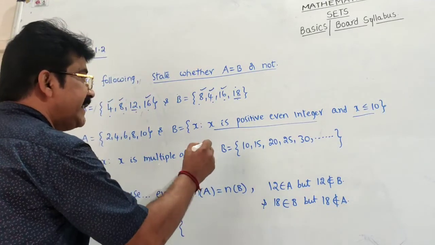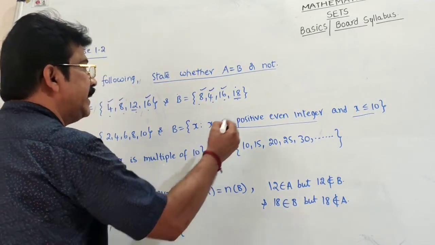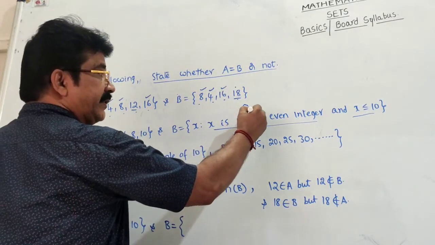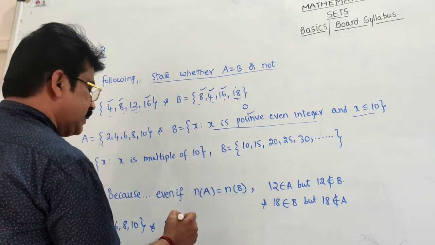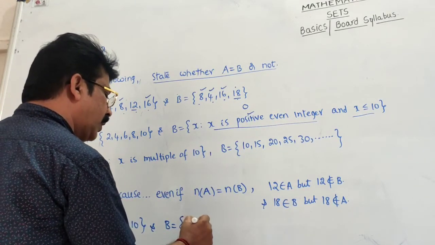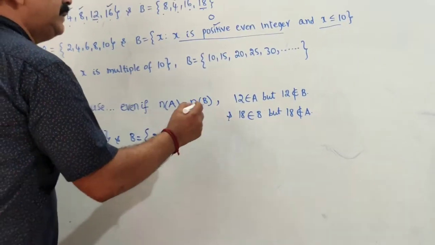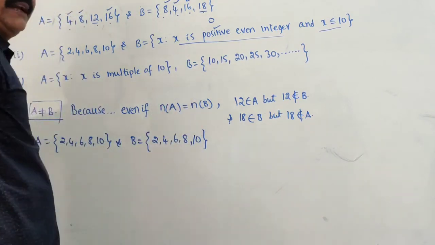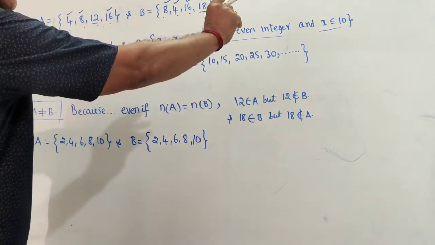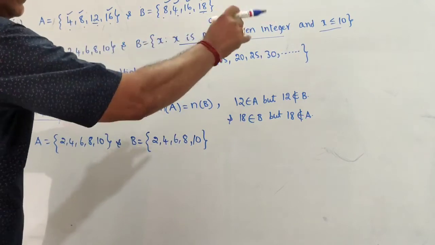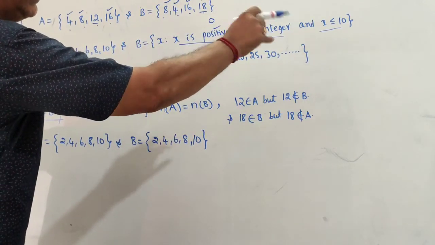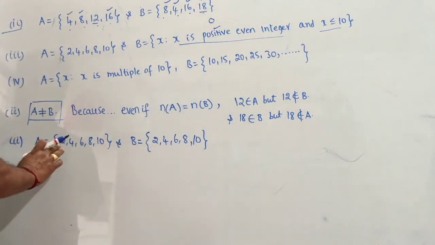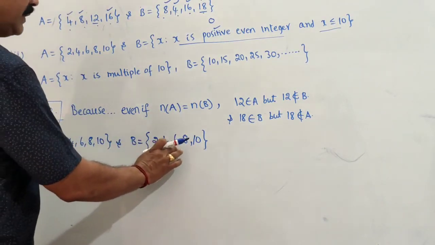Positive even integer means, remember, 0 is also an even number, but he said positive, meaning greater than 0. So 2, 4, 6, 8 are there. Since x is less than or equal to 10, 10 is included. So 2, 4, 6, 8, 10.